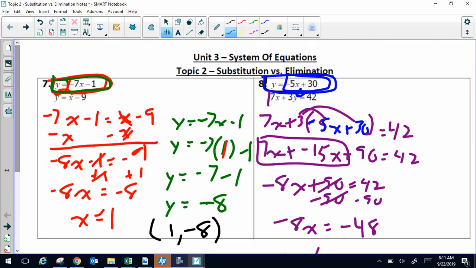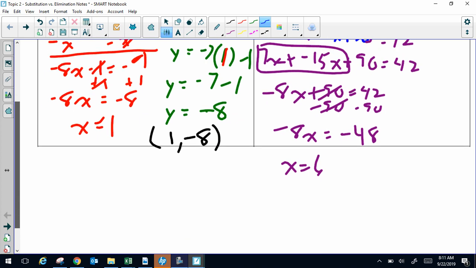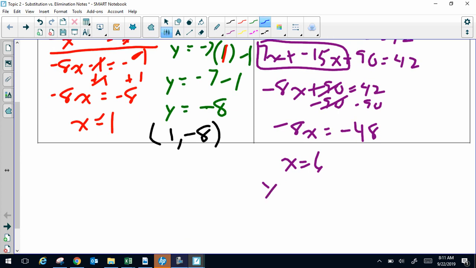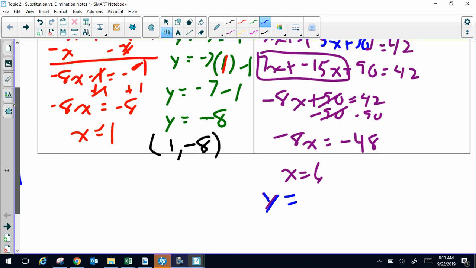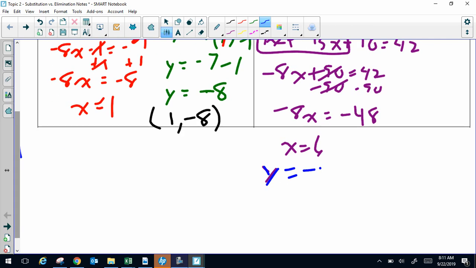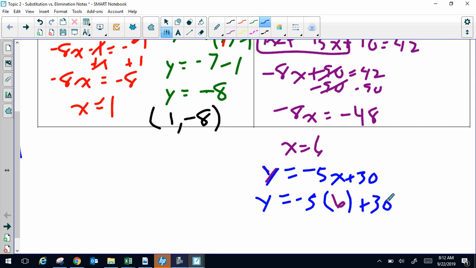So then I'm going to plug it back into the original equation that we had for y. Negative 5x plus 30. And now we know x is 6. y is equal to 0.